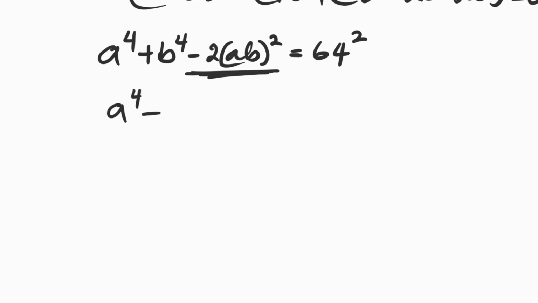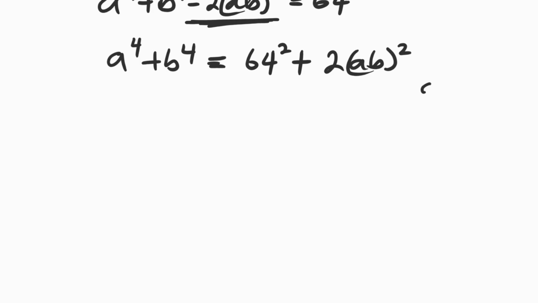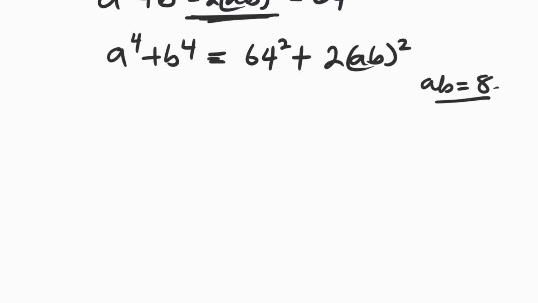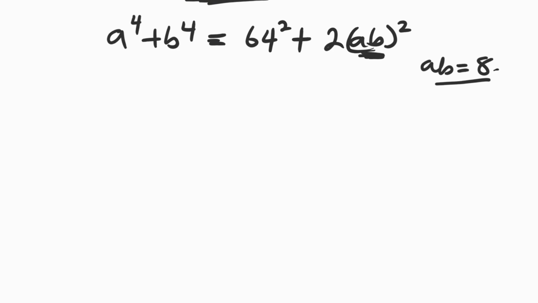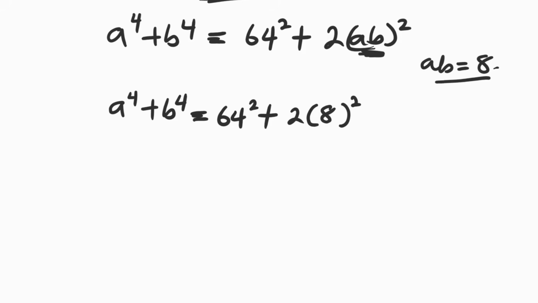Then it becomes 64 squared plus 2ab squared. Now we know that ab is equal to 8, so we're going to plug in 8 into the brackets. So this becomes a to the power 4 plus b raised to the power 4 equals 64 squared plus 2 times 8 raised to the power 2.